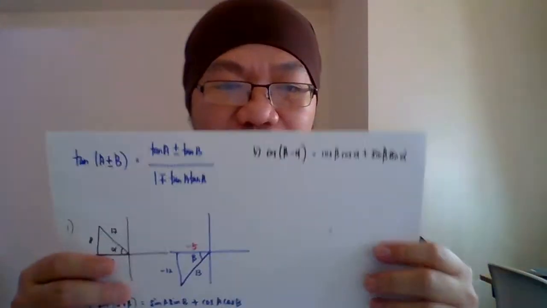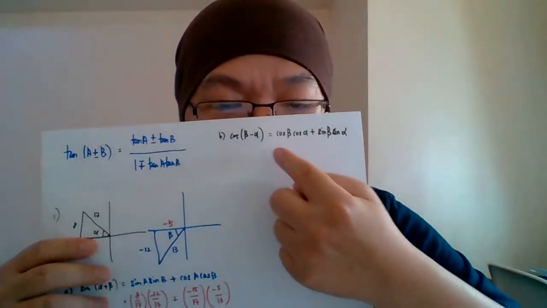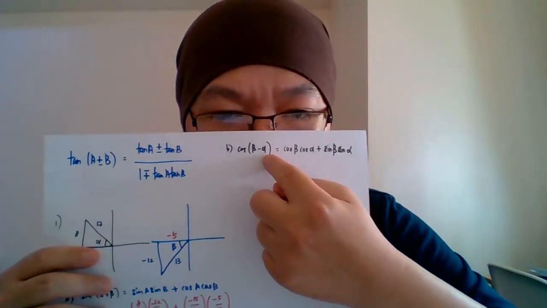Cos A cos B plus sin A sin B. Okay, guys, this is how we elaborate. Now, cos beta minus alpha.